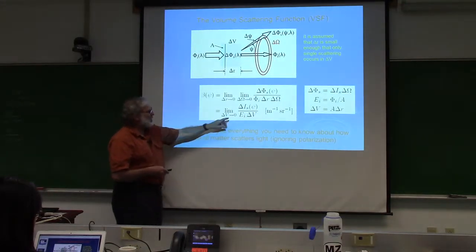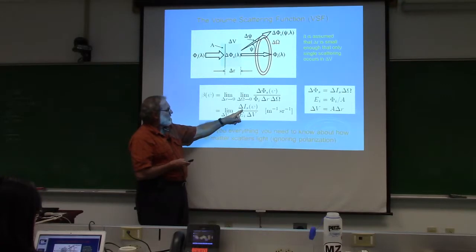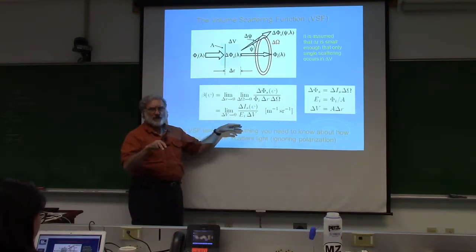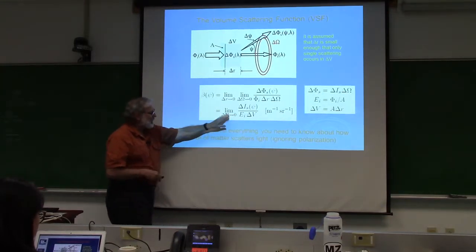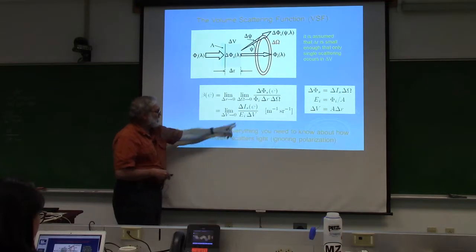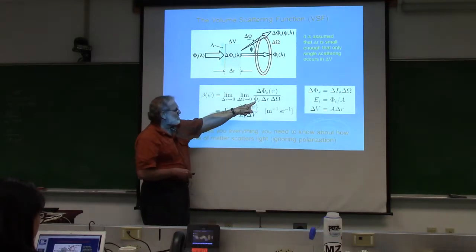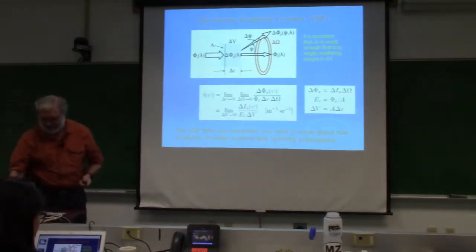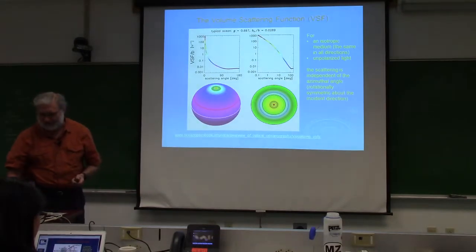So you can also write this and see it defined as the scattered intensity per unit volume, and that's why it's called the volume scattering function. So it's just another way of rewriting the same thing, and you now have an irradiance here instead of a power. But that's the definition, and that's sort of all you need to keep in mind.